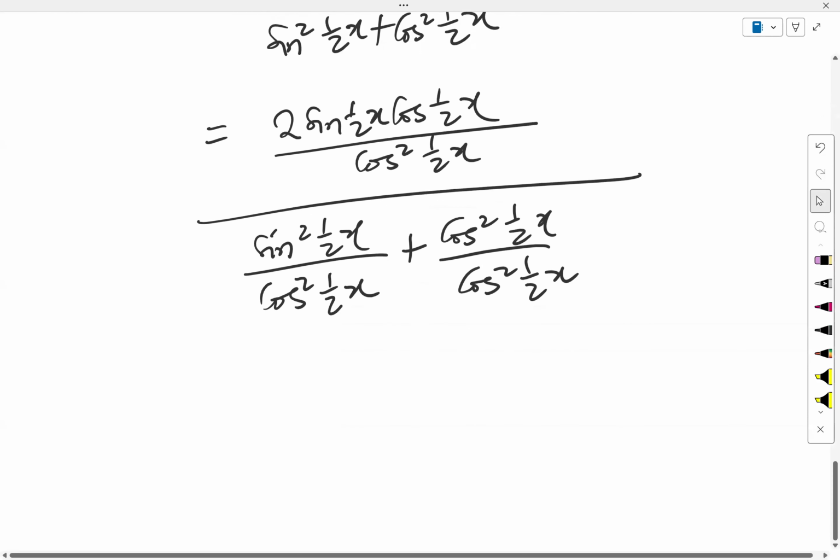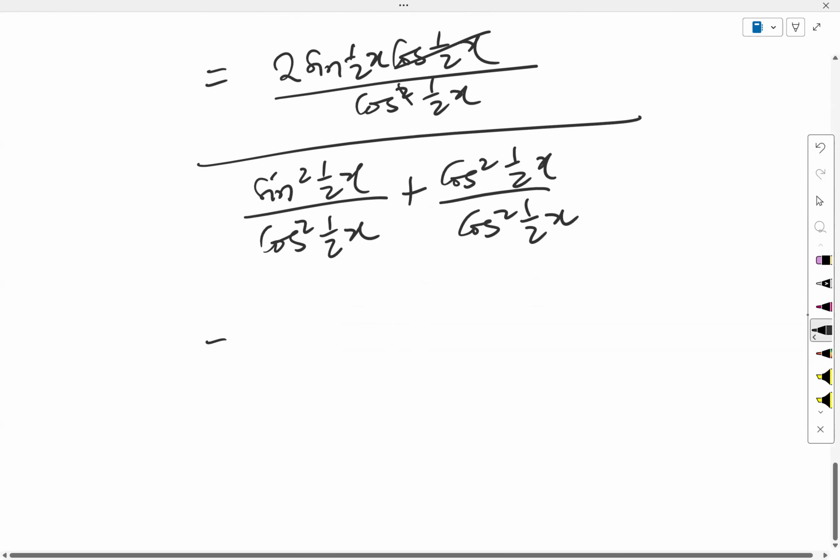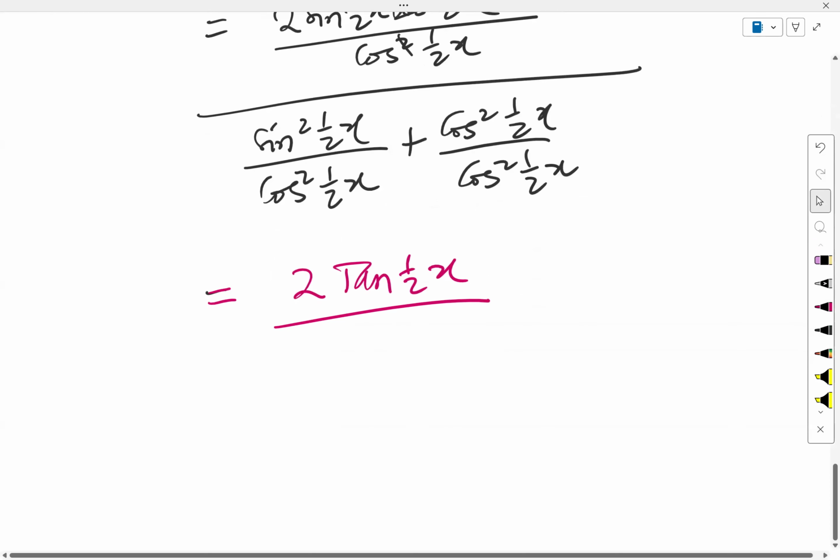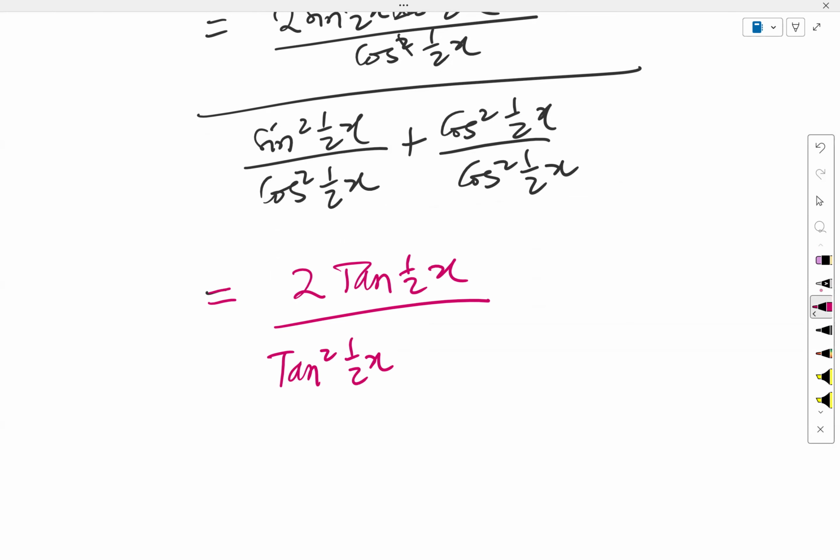One cos here cancels one of this. So this is equal to 2 sine half x over cos half x, which is tan half x, all over, down here, sine squared half x over cos squared half x, which is actually tan squared half x, and cos squared half x over cos squared half x, which is actually 1.